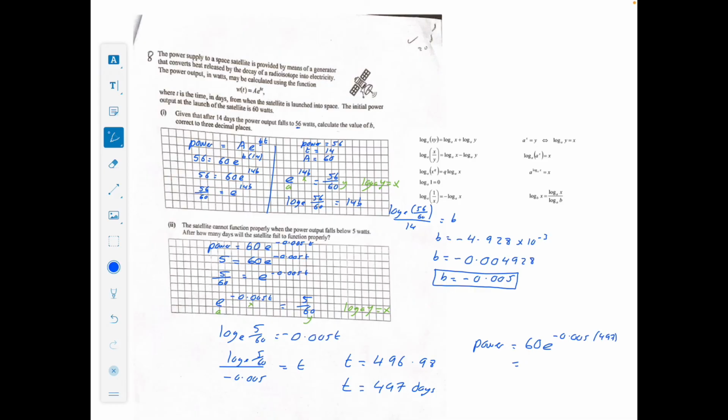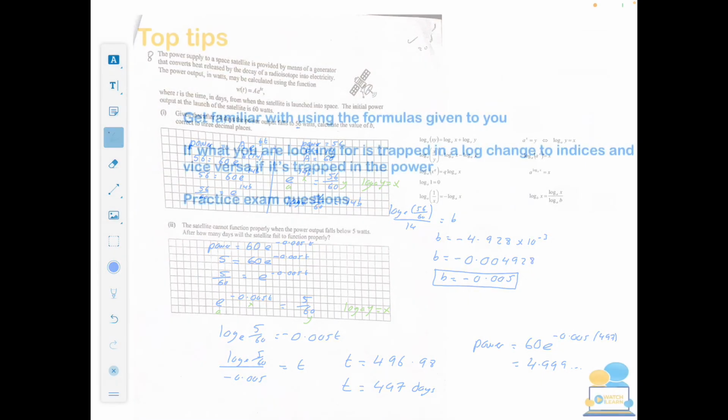Down to my calculator, that's going to give me 4.999. So when they reach the 497th day, it's going to be below 5.